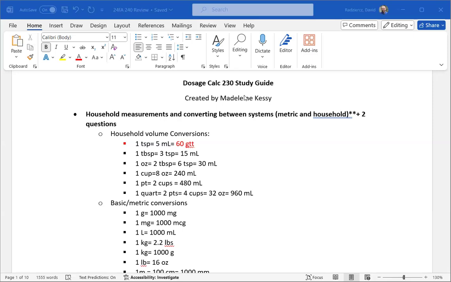I don't know if any of you knew Maddie, but she put together this review that I've stolen, swiped, and repurposed for the Boyce campus, because before that, apparently you guys don't get any kind of review packet like we give the students at Allegheny campus. Hopefully that's changing, and I can provide some of this material to you. If you happen to make something new or add new questions, please send them my way. I'm happy to share that with other students.